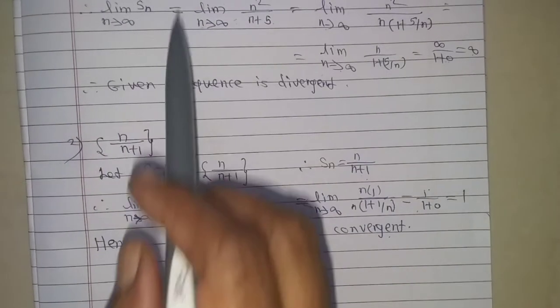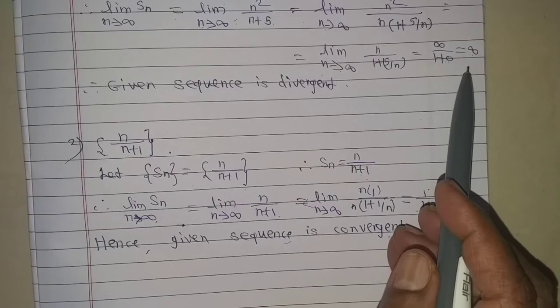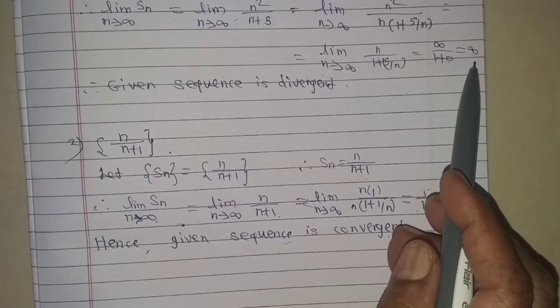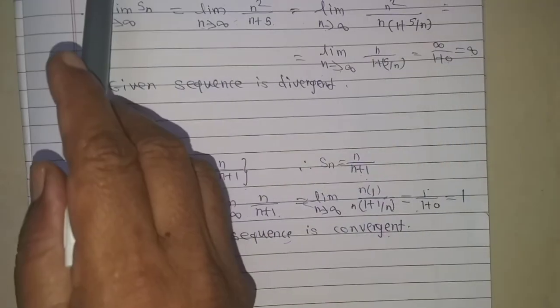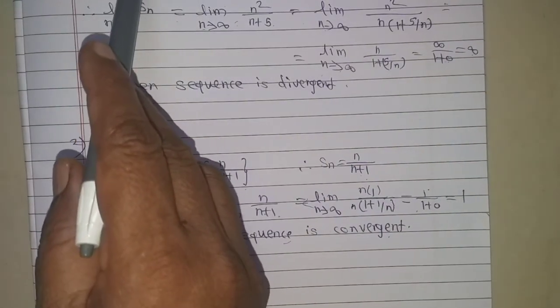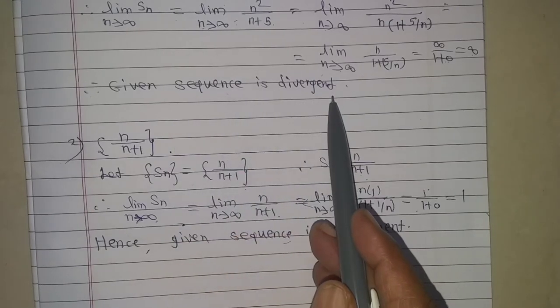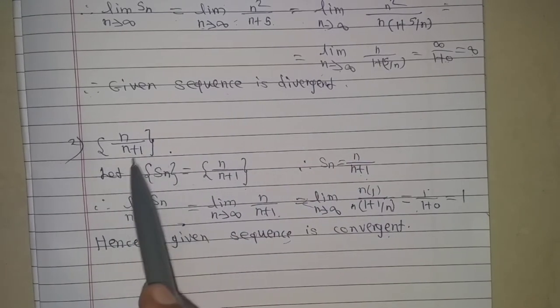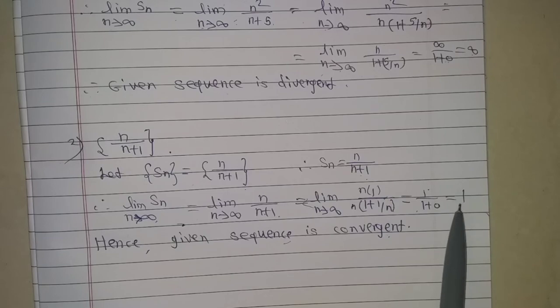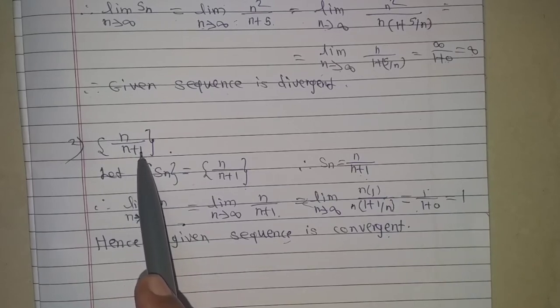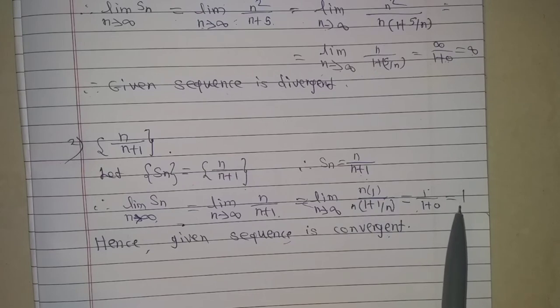In the first example, limit is infinity, so that limit is not finite, limit does not exist. Hence, the sequence n square upon n plus 5 is a divergent sequence. But in this second example, limit of sequence n upon n plus 1 is a finite limit, that is 1, and this limit exists.